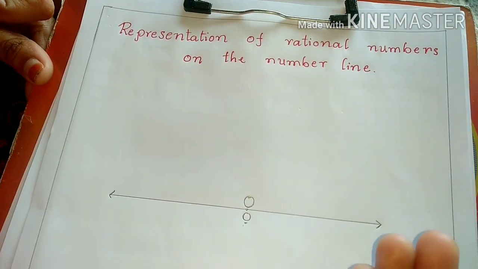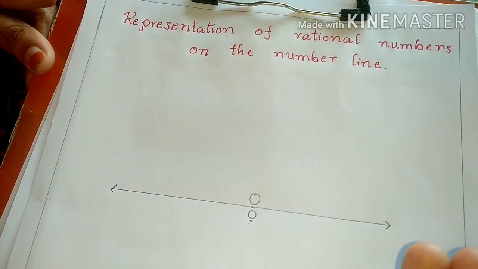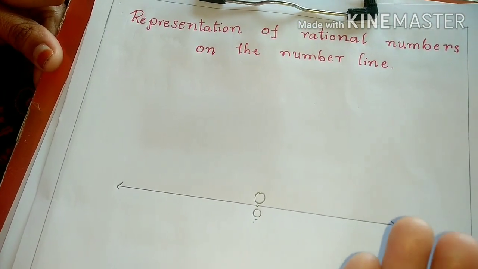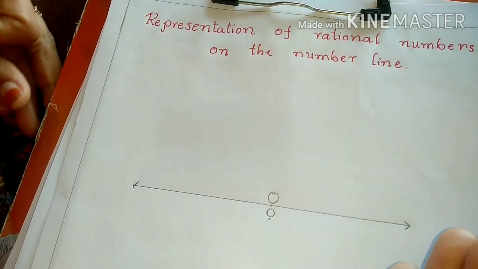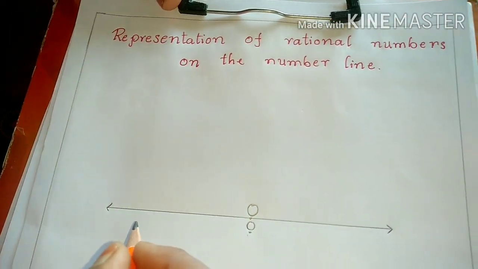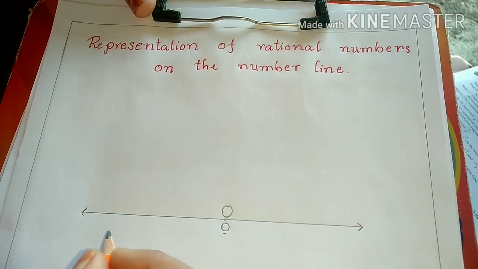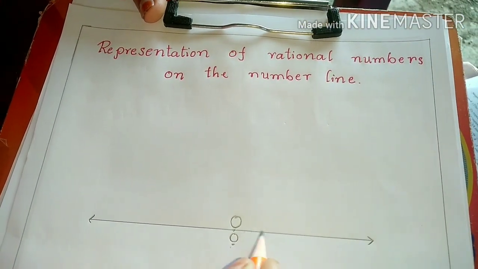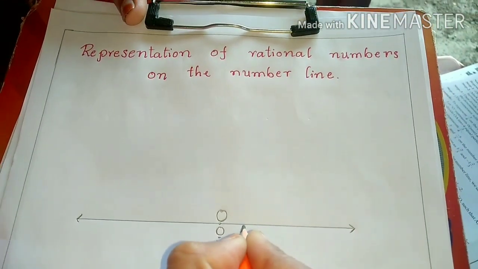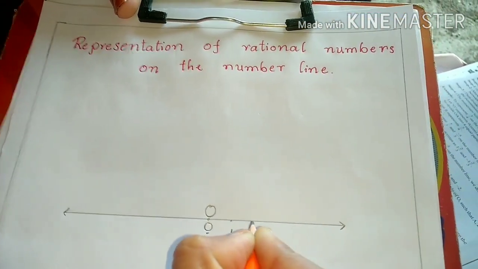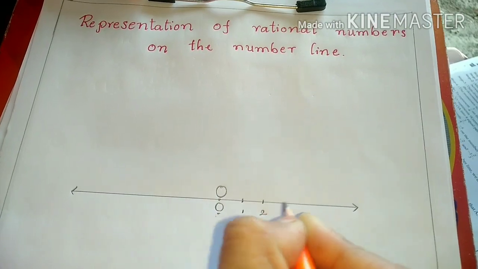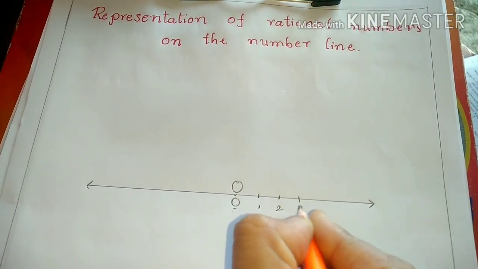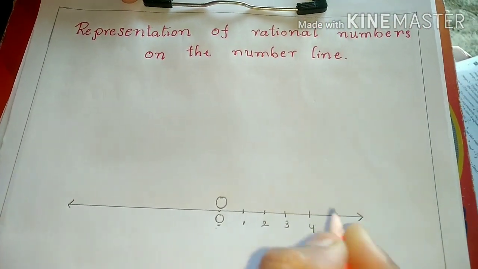Next, how to mark the points. Mark points at equal distance on both sides, up to 1, 2, 3, 4.